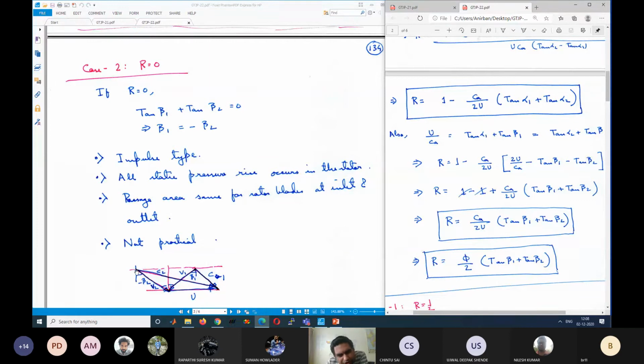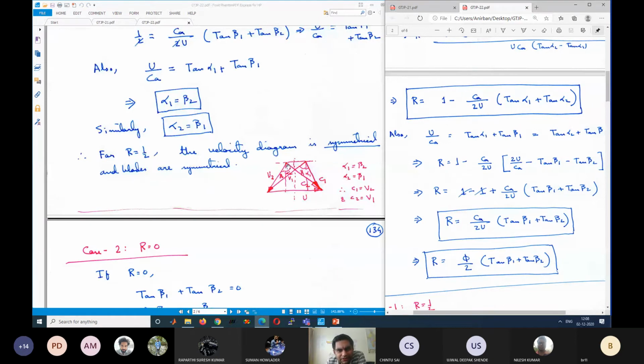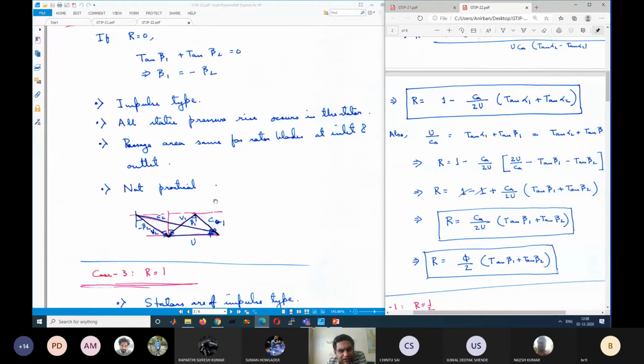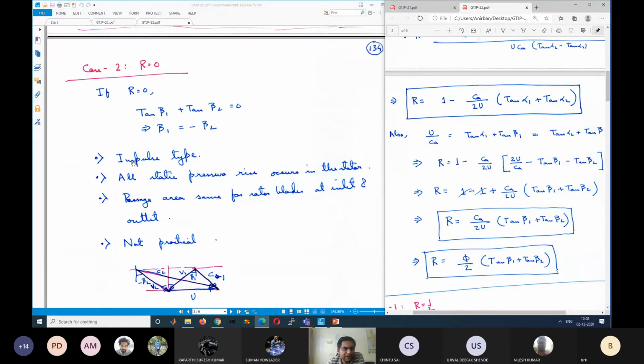So the inlet velocity is huge for the stator as compared to the cases where C2 is not very large. Here C2 will be very large for the same Ca and U, and the frictional losses will be huge. So this is not a very ideal situation. This type of compressor is known as impulse type, where all the burden of diffusion is on the stator.